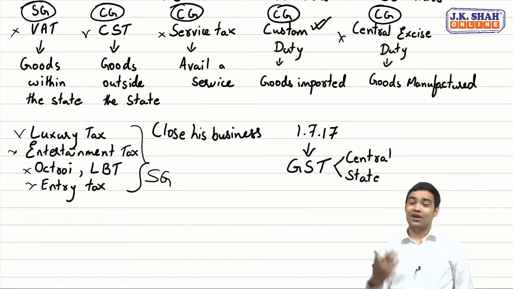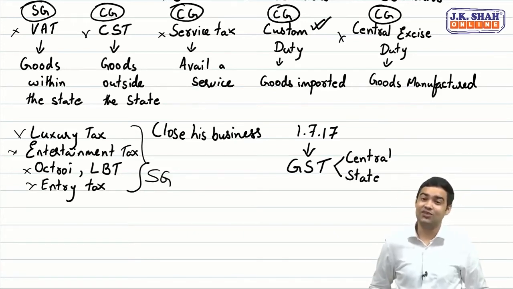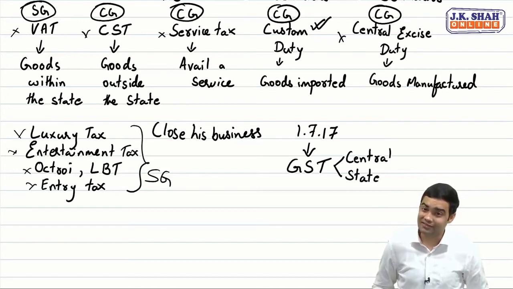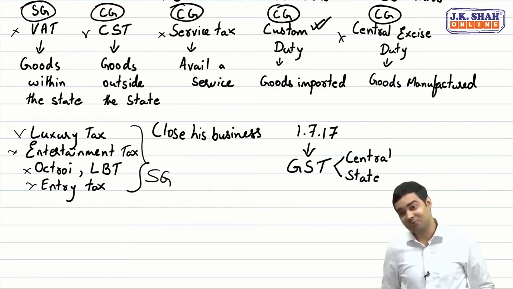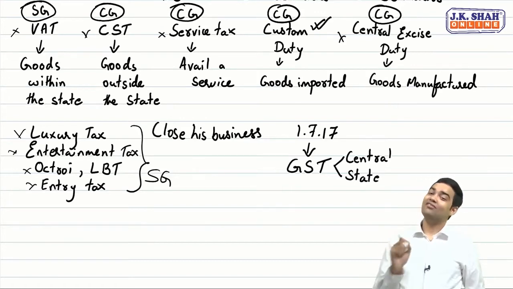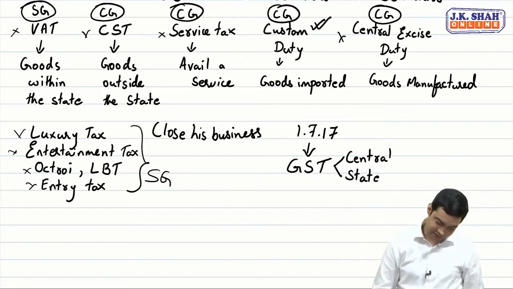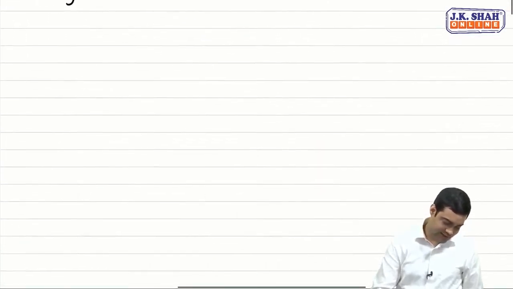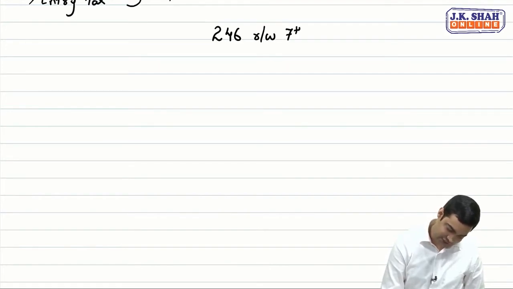Now, both coming together to levy a tax was something which was never imagined. Let me tell you the history behind this. The power to levy any tax comes from Article 246 read with the 7th schedule of the Constitution.